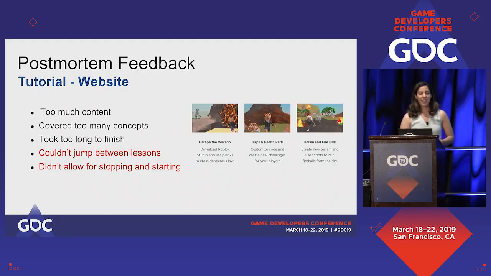All right, so the second area of our content where we found we were having issues wasn't so much our steps. People weren't reporting a lot of issues there. But because it was so long, and because this was self-paced, we realized we didn't really allow for stopping and starting, or for starting over.